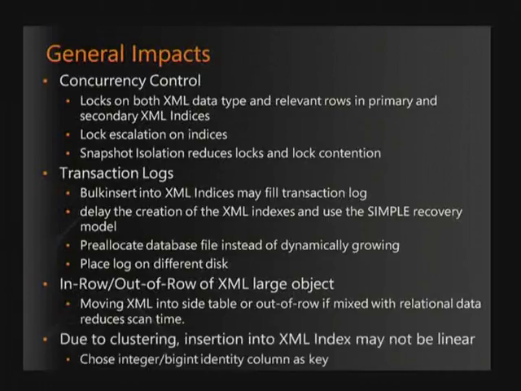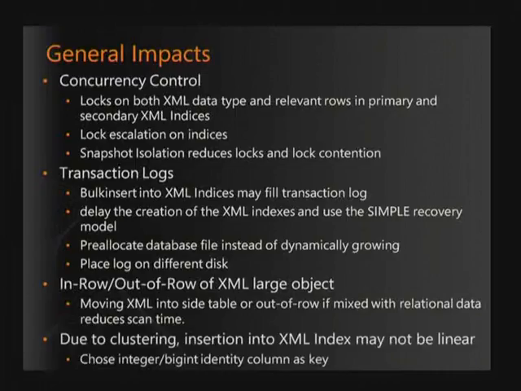Also, the node table is clustered based on the primary key and the node ID that is being generated for each node. That clustering can lead to nonlinear insertion times if you are inserting new objects into an XML data type instance.